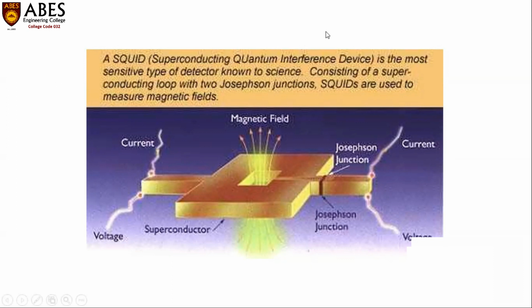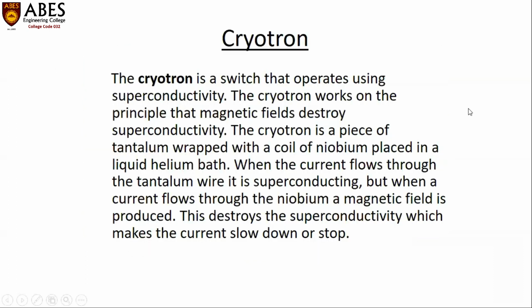It is based upon the Josephson junction, a topic we can study in detail in another part. So SQUIDs are very important in detecting devices. This is again a fantastic application of superconductors.